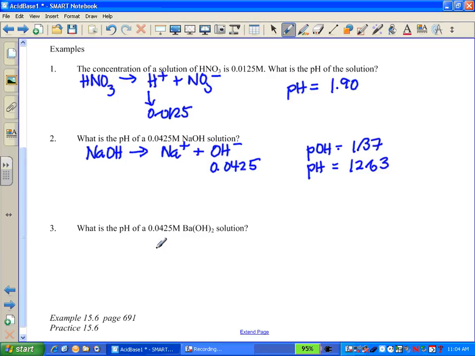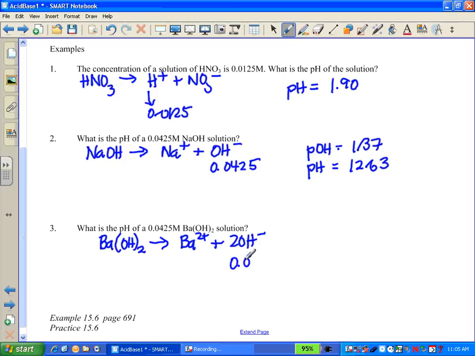In this third example, we've got barium hydroxide. Barium is a member of our big little B, so we know that this dissociates completely, so I get barium 2+. Okay? And in this case, I get 2 hydroxide ions. So although the concentration of the barium hydroxide is 0.0425, when it dissociates, the amount of hydroxide in the solution is actually double.